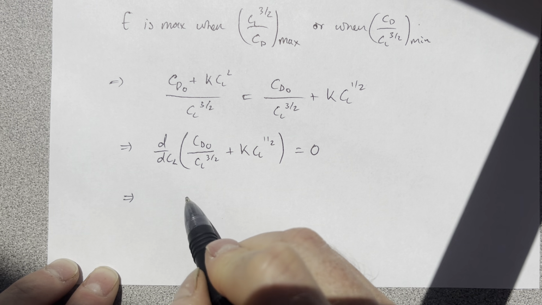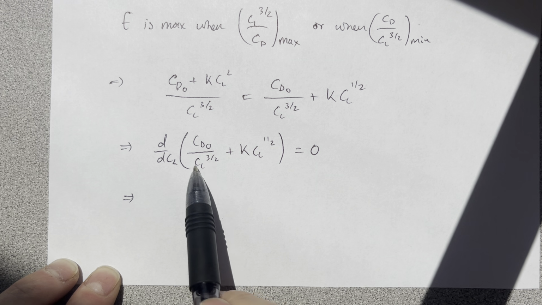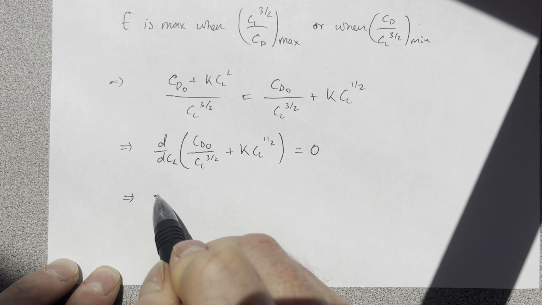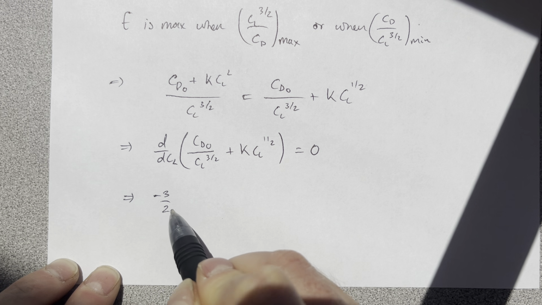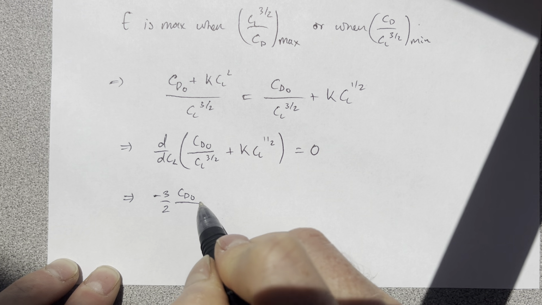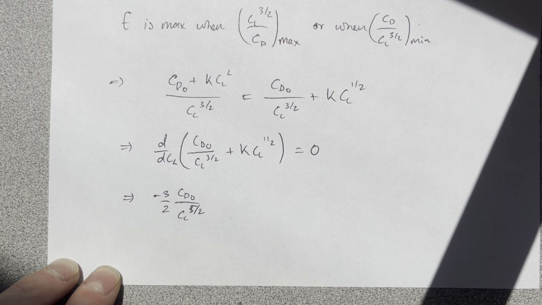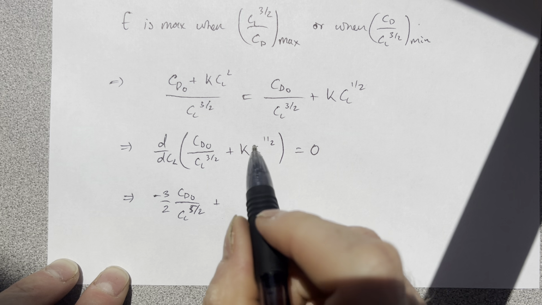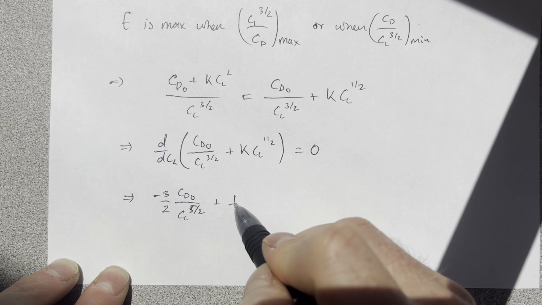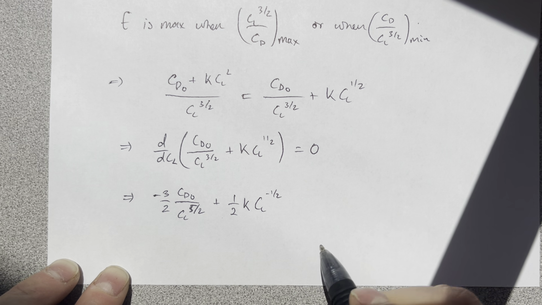So let's see what we get. Differentiating this term with respect to CL will give me -3/2 CD0. So take 1 from the power, CL to the 5/2. And then this one is easy, right? 1/2 K CL to the -1/2.